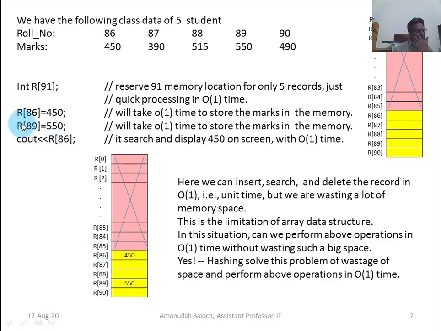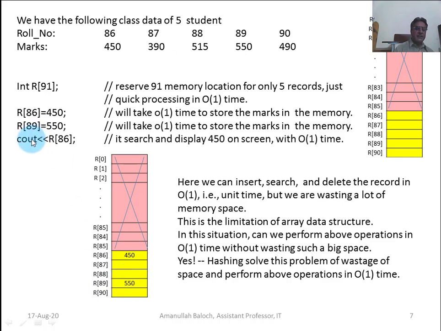Then I want to store R of 89 is equal to 550. I want to store 550, the marks of the student, at index 89, which is also the roll number of that student in the R array. Then the R of 89 location will save the 550 value.